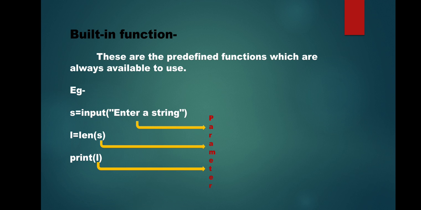Then len is accepting a value s, and print is accepting a value l. All these three values are known as the parameters. The function is also capable of returning a value. Here you can see the input function is returning a value which is stored in the variable s. In the same way, the len function is returning a value which is stored in the variable l. So s and l variables are used to store the return value of the function.